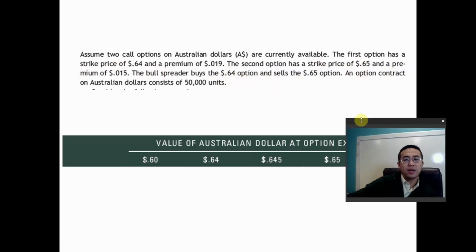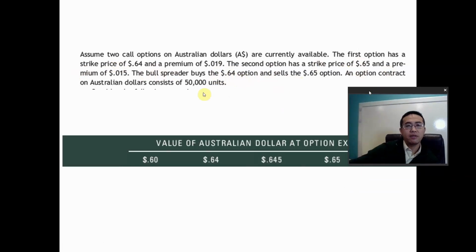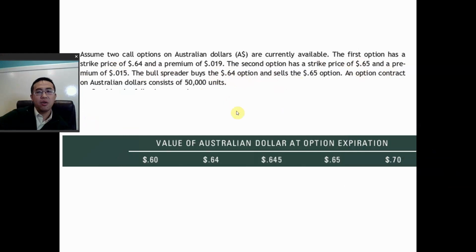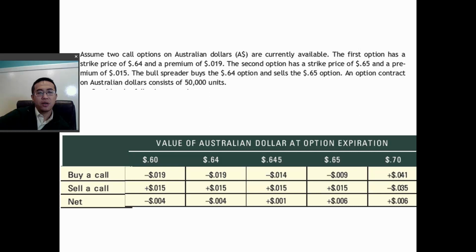You can do some calculation here since we have done plenty of exercises for this kind of option individually. So you shouldn't have any problems solving for the profit of buying a call or selling a call, or buying a put or selling a put under a given spot rate.